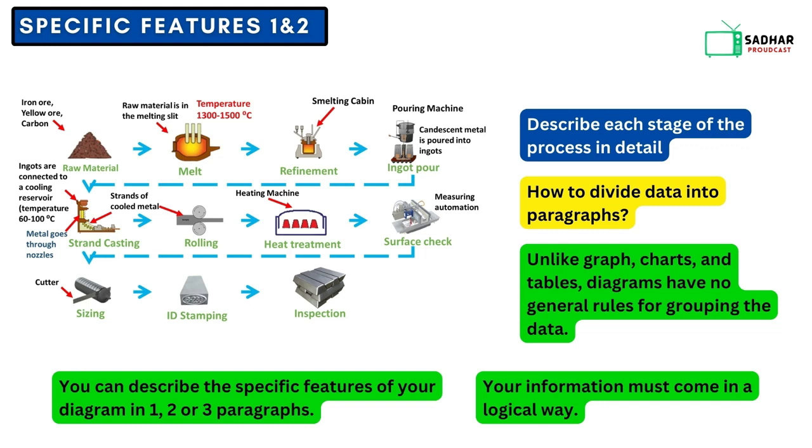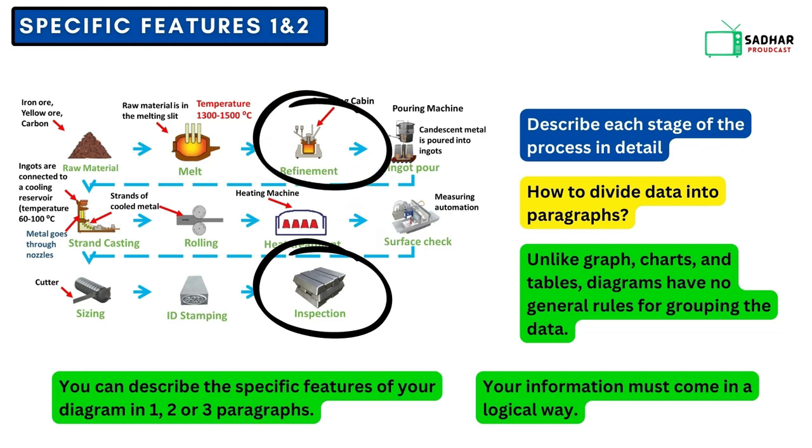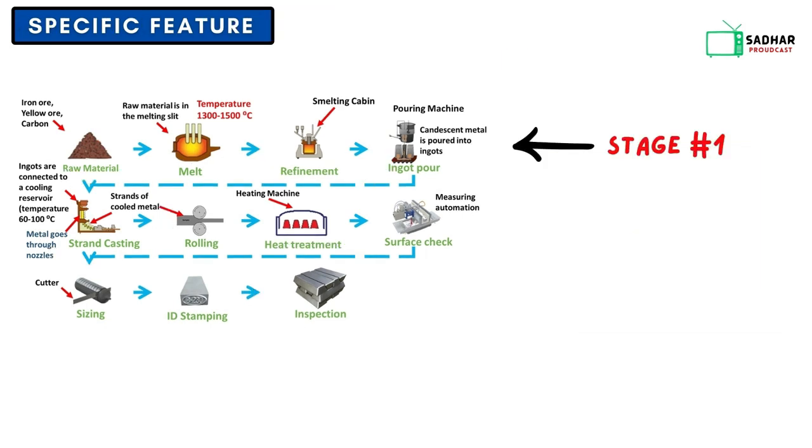Let's take a look. So in a logical way, you cannot start like this, the end of it, and then you go ahead with step number 3 and then step number 5. So do not jump around. Just do it in order. So it can be like this.